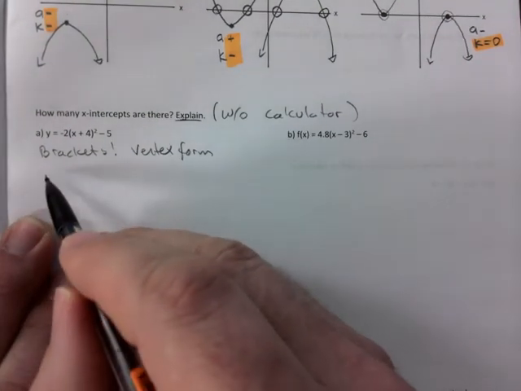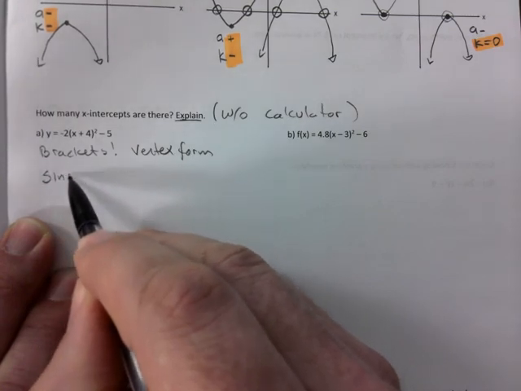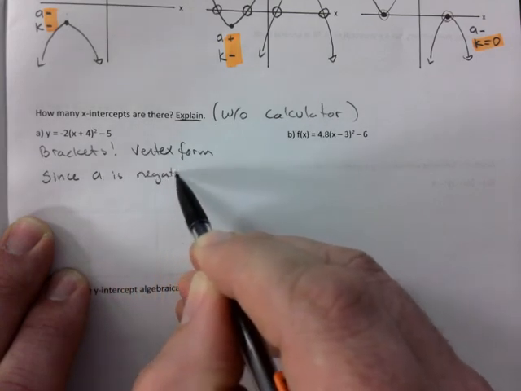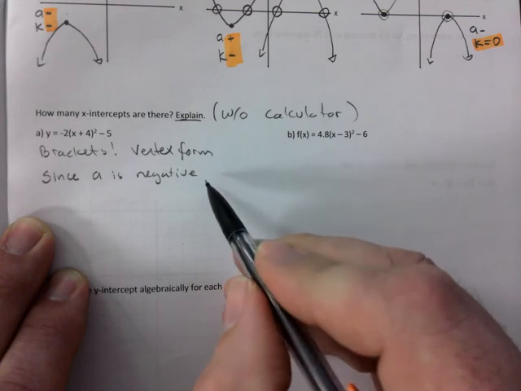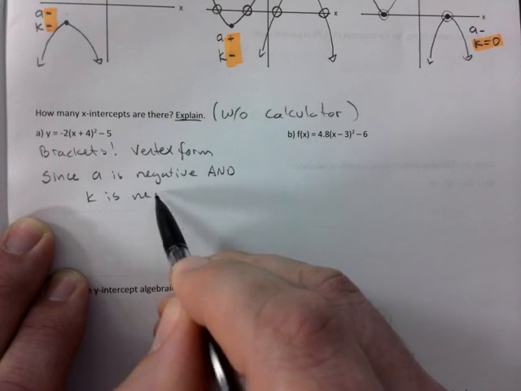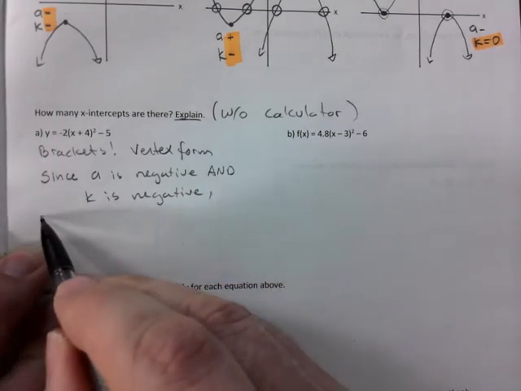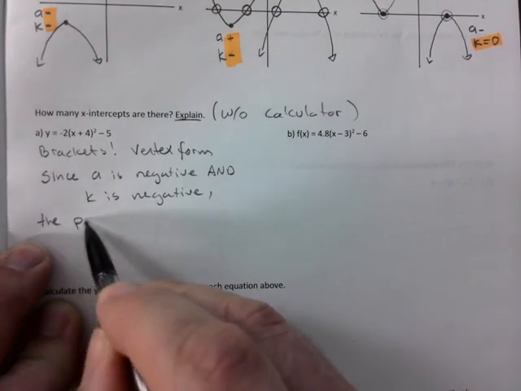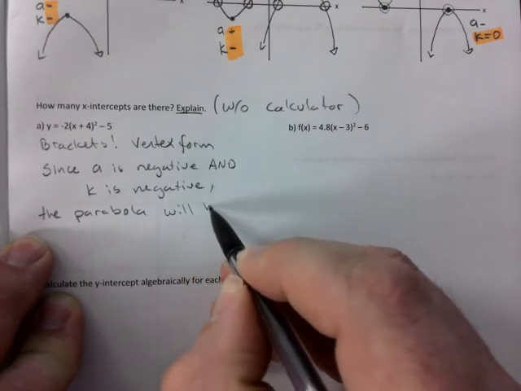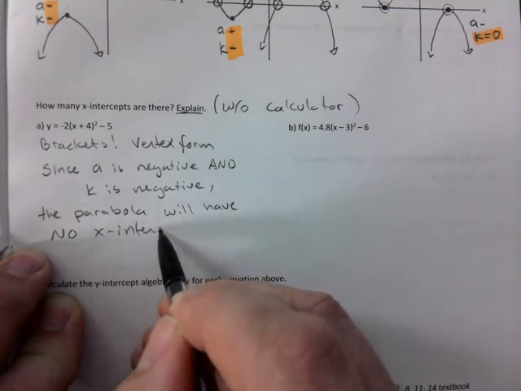Okay, so since A is negative and K is negative, the parabola will have no x-intercepts.